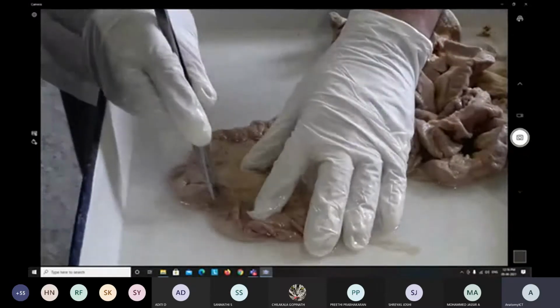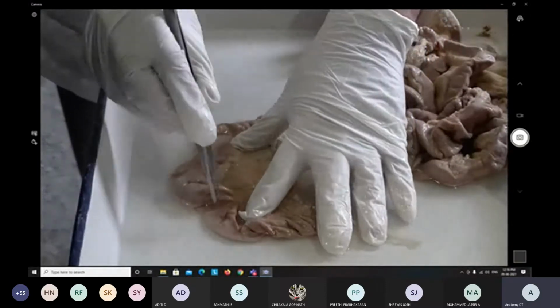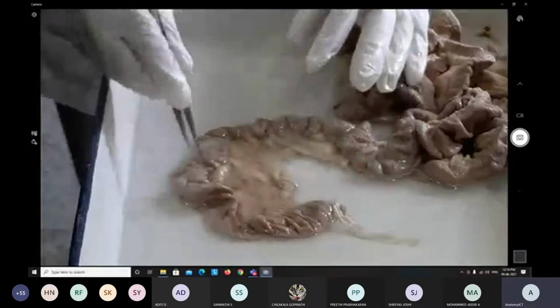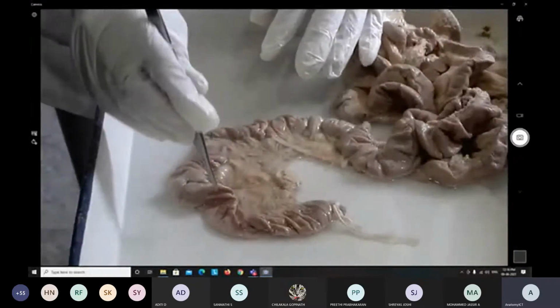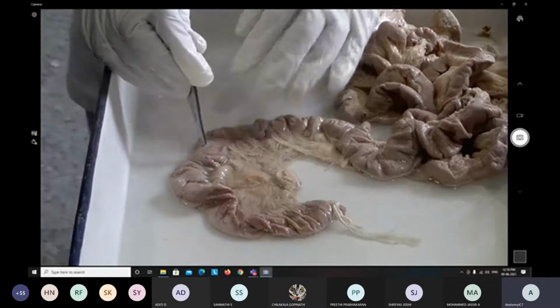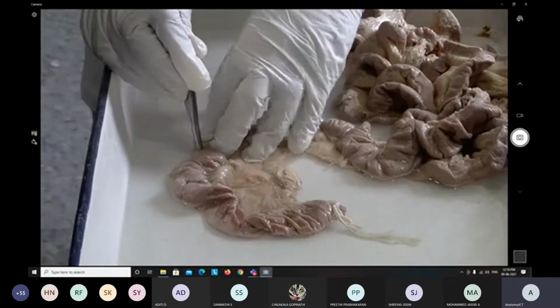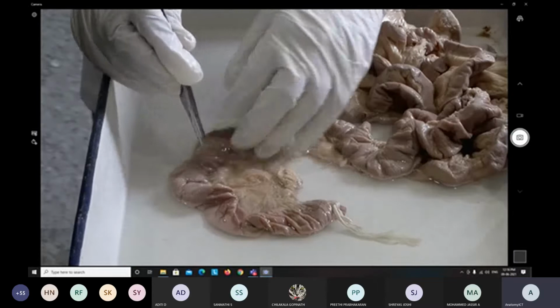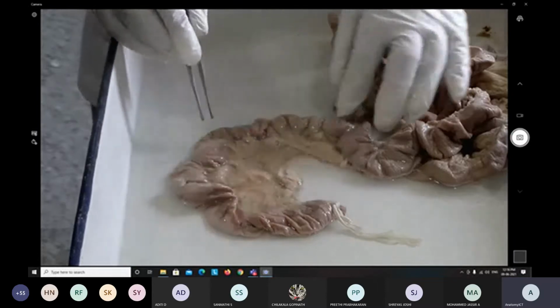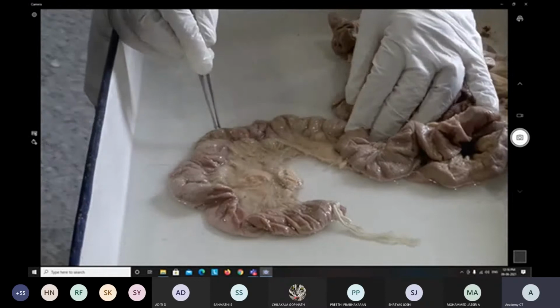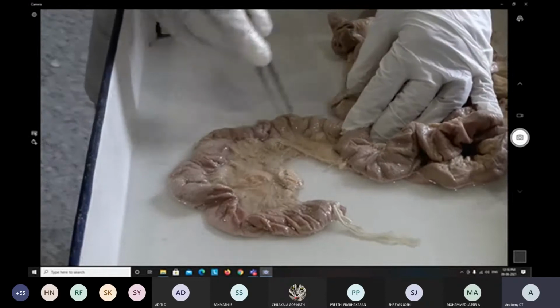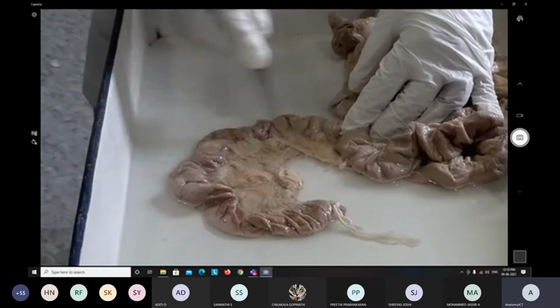Whereas this is the vertical part, the second part of the duodenum, which is approximately 7.5 centimeters. Then there is the horizontal part, also called the third part of the duodenum, which is around 10 centimeters.